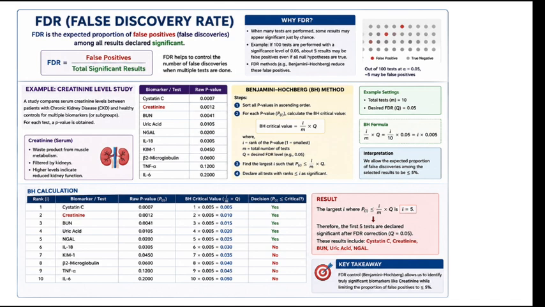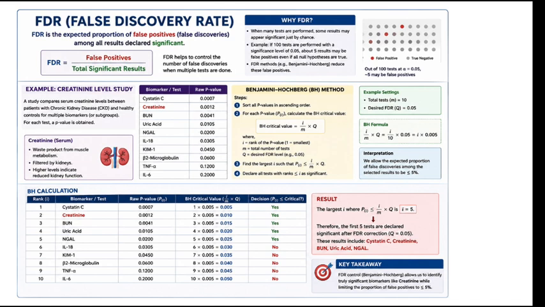Suppose we take the third significant value, the one at position number 3. We divide 3 by the total significant values, 100, and multiply by 0.05, and we calculate its critical value.